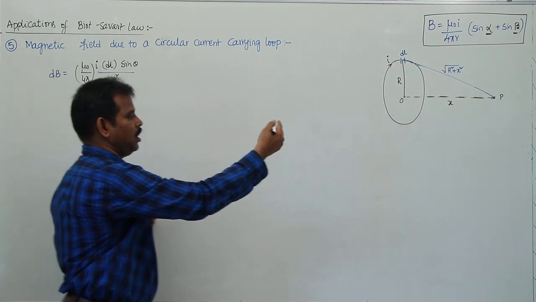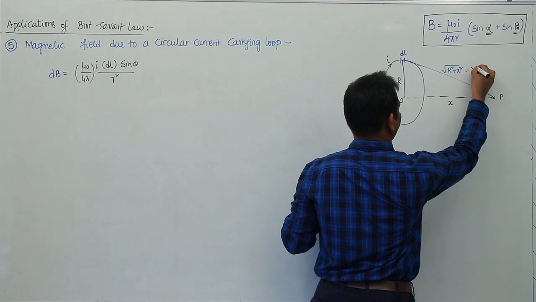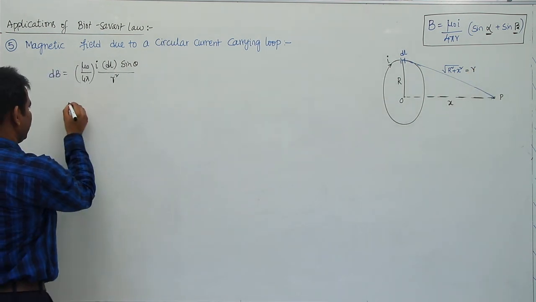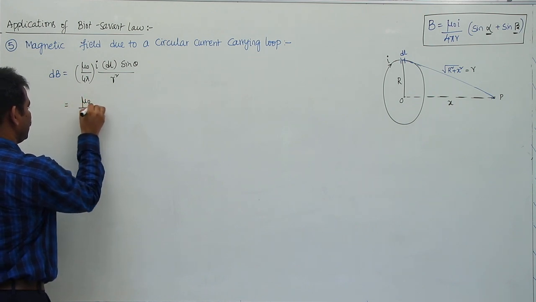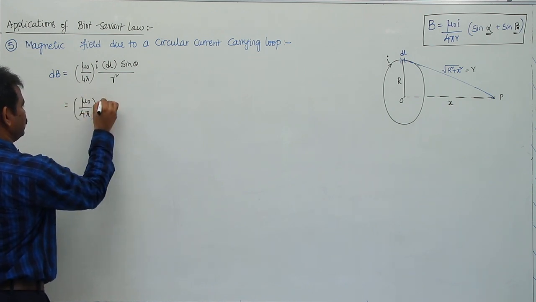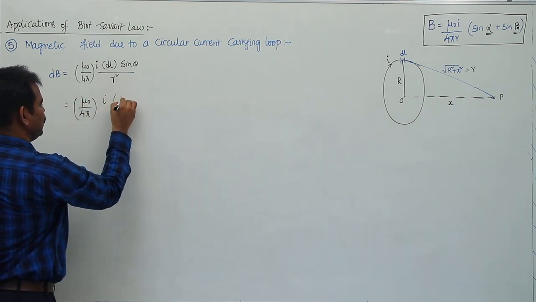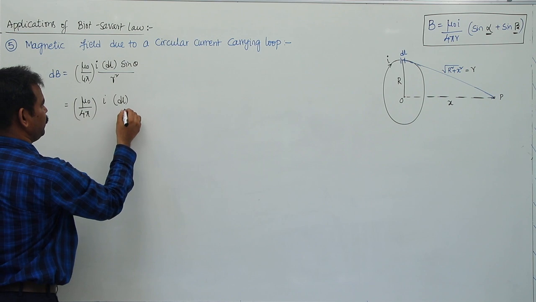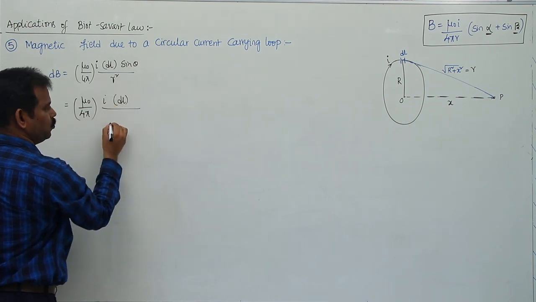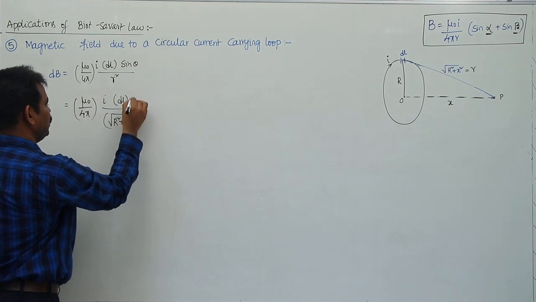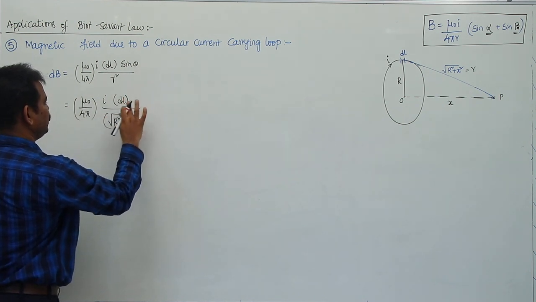So here small r is equal to root over capital R square plus x square. So I can write this as mu naught by 4 pi, which is a constant. Current flowing through the small element is I. What is this dl? It is given as dl only. What is this r value? Root over r square plus x square, whole square, into sin theta.